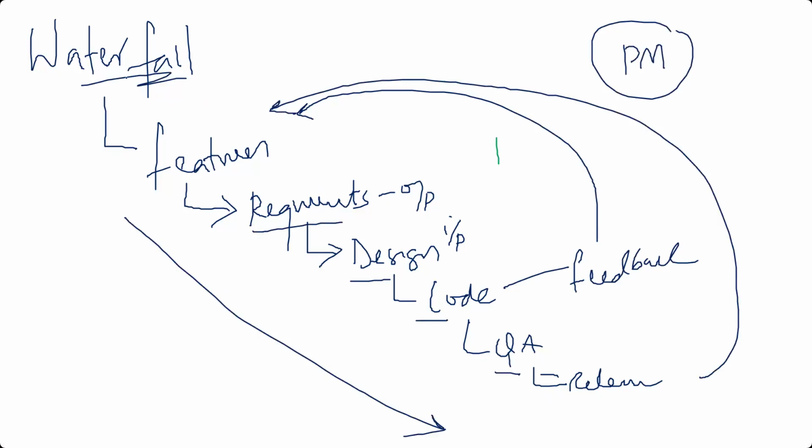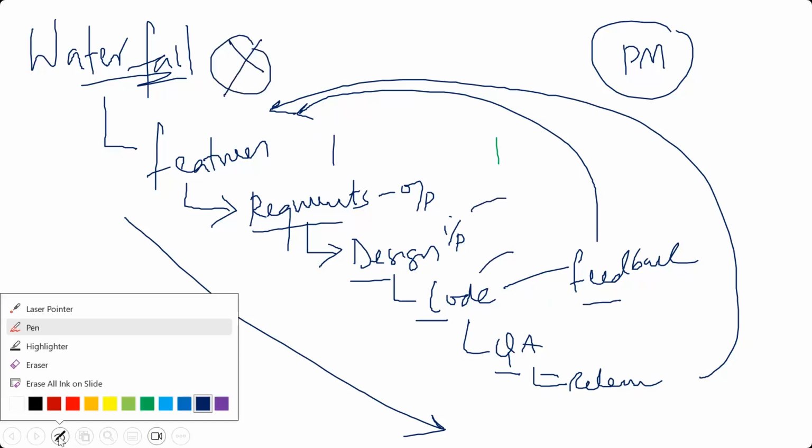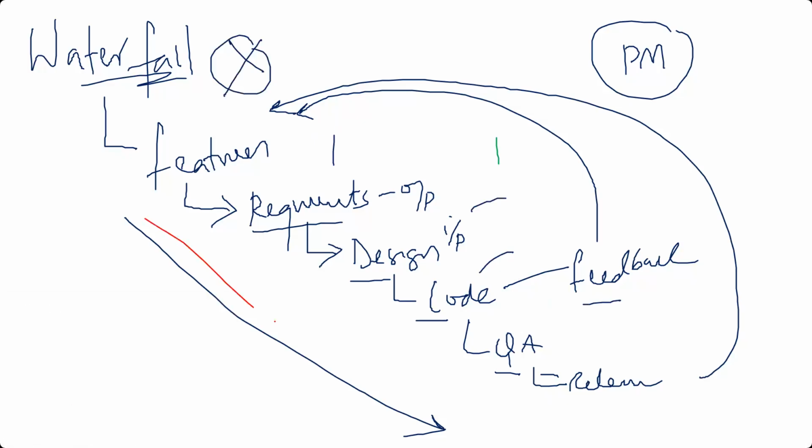But if you're working on a product where you have constant feedback, where the coding team needs some clarification, or the design team needs some clarification, this waterfall model will not work. So when you don't know exactly what you are building, at that point of time, the waterfall model will not work.